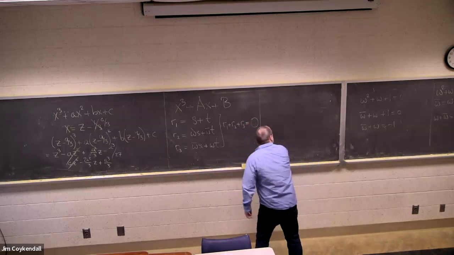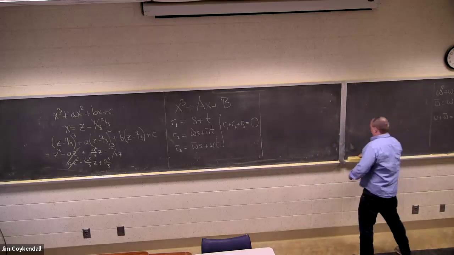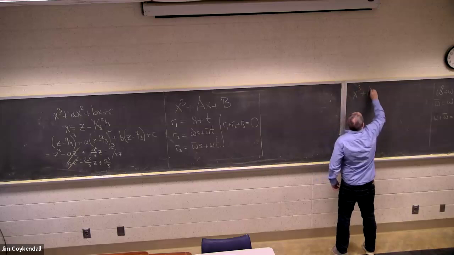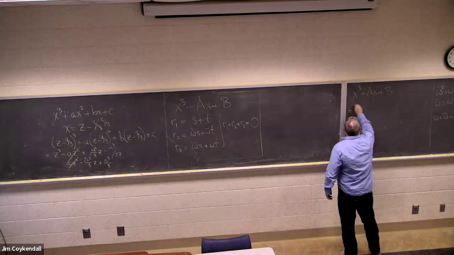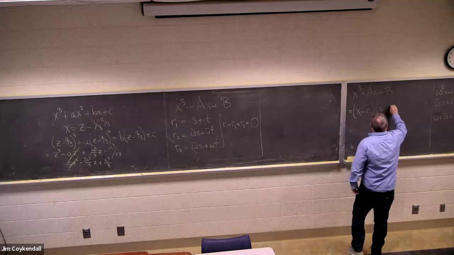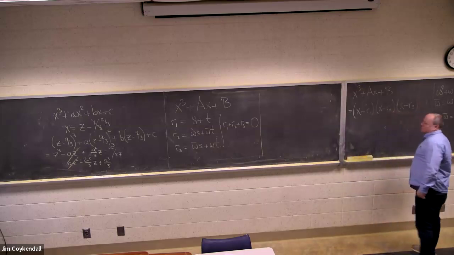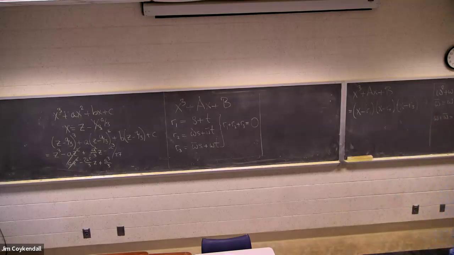So if I could make this work, then x cubed plus ax plus b should be x minus root 1, x minus root 2, x minus root 3, because those are my 3 roots. I'm not going to do all the s plus t stuff until I absolutely have to.